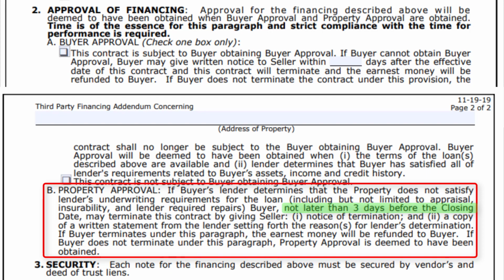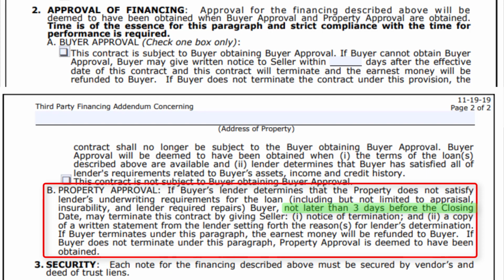If you don't, say you let them know 2 days before closing, or 3 days if you include the day of closing, then you're going to terminate, but your buyer's not going to be entitled to get their earnest money back. So you have to do it no later than 3 days before the closing date.